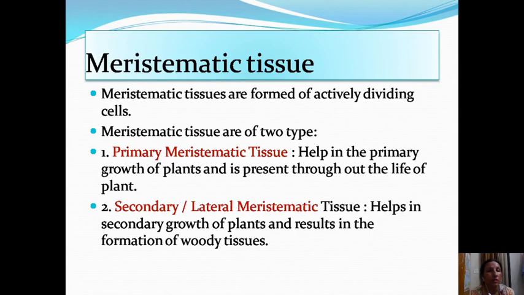First is meristematic tissue. Meristematic tissues are formed of actively dividing cells. Meristematic tissues are of two types. Primary meristematic tissue helps in the primary growth of plants and is present throughout the life of the plant. Second is secondary or lateral meristematic tissue. It helps in the secondary growth of the plant and results in the formation of woody tissues.